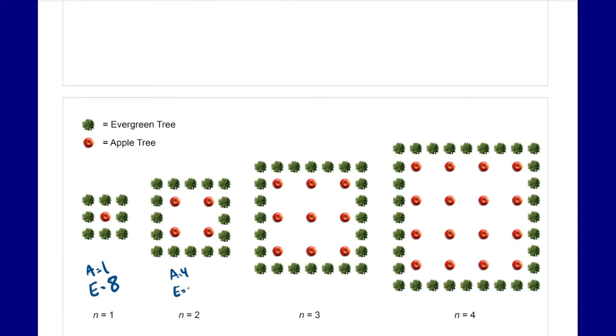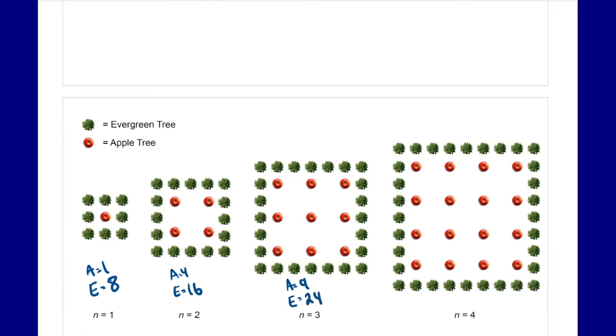And E equals 16. Pattern number 3, I have 9 apple trees. For evergreens, I have 1, 2, 3, 4, 5, 6, 7, up to 14, 15, 16, 17, 18, 19, 20, 21, 22, 23, 24.